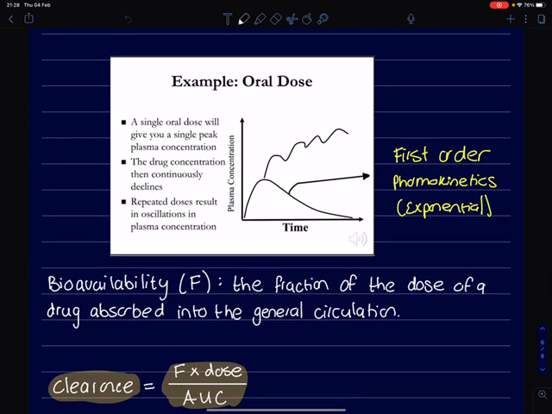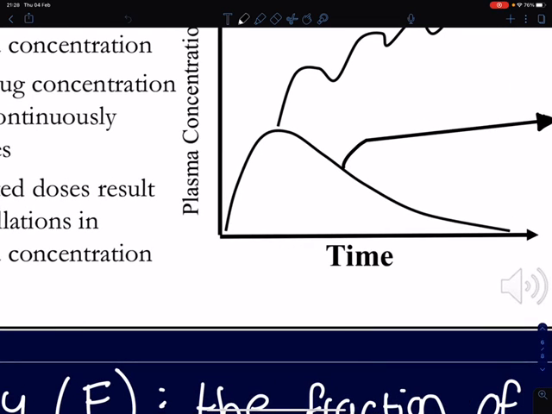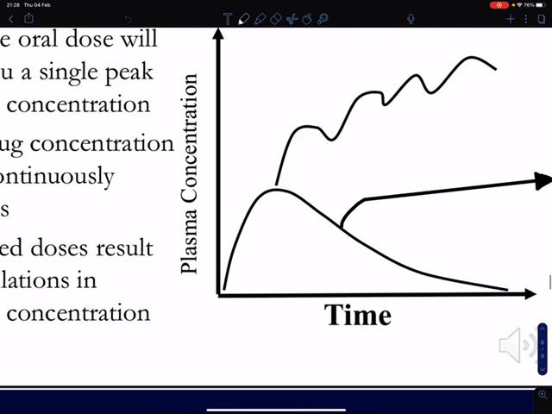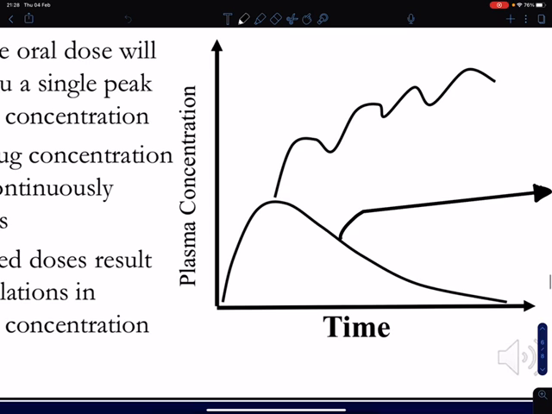Alright, so you can also look at another oral example. One can see that it's oral because at time 0 the concentration is also 0, whereas with intravenous the graph would start high and go down like that.